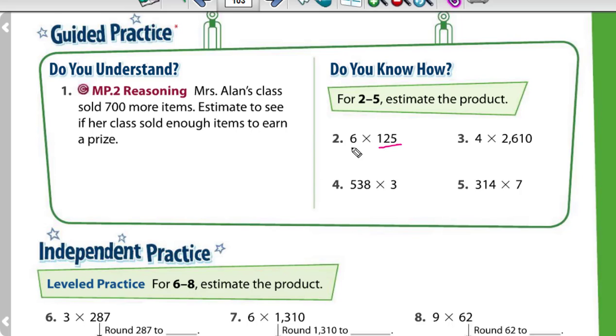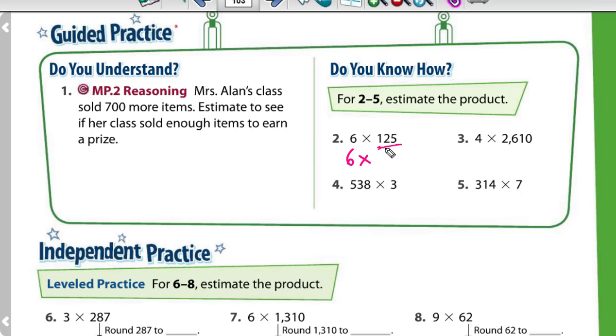Okay, guys, focus with me in this one, because if you understand this one, you will understand the whole lesson. So we will not round 6. It's 6 already. Times. Mahdi, we will round to nearest 100. Why to nearest 100? Because the greatest place value is hundreds. So it will be 100 or 200? Can you see to the right of the 1 we have 2.